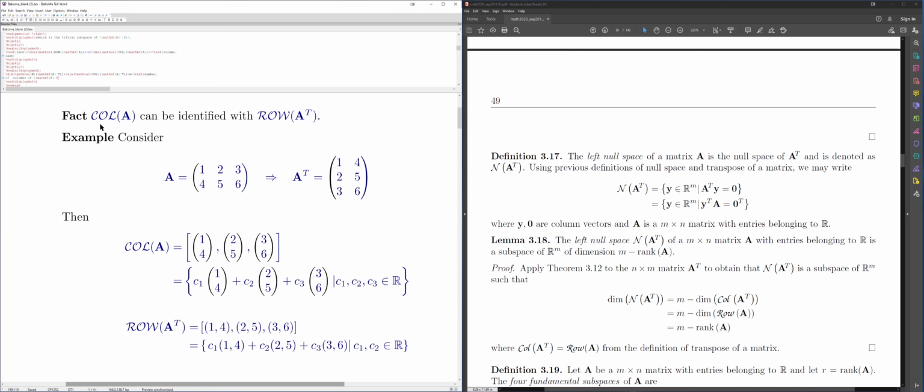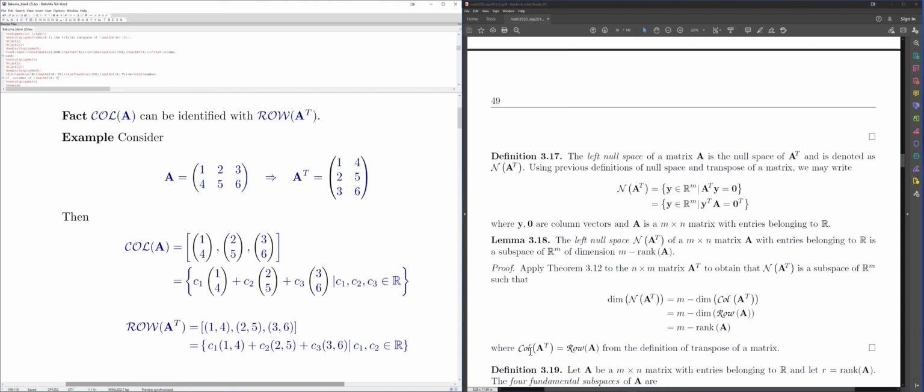So the column space of A transpose I can identify with row space of A. And if they're identified as vector spaces, it means that they have the same dimension. So this over here really shouldn't be equality. This is an identification, because on one side you'd have column vectors, and on this side you'd have row vectors.